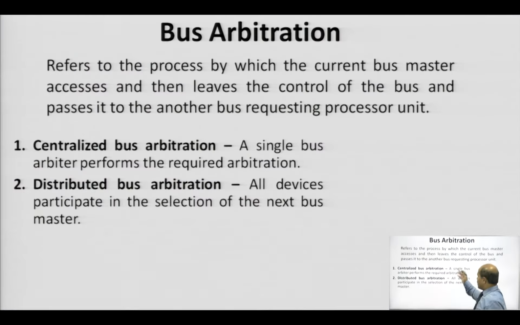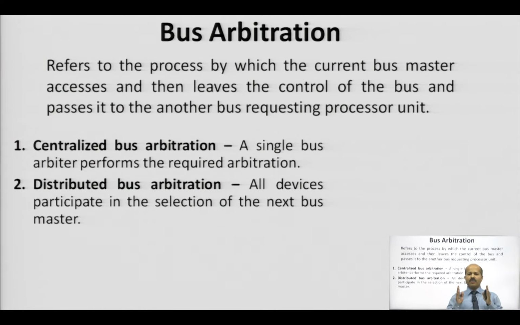Here two types of bus arbitration are possible. First is centralized bus arbitration, where one component decides to whom the bus is to be granted, and second, all devices participate in the selection of the next master.